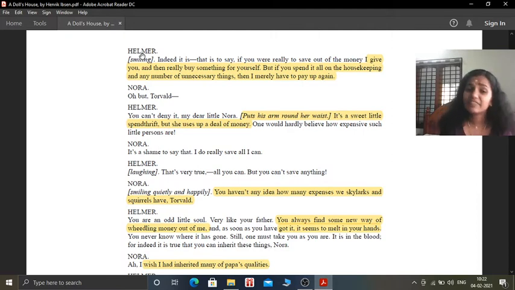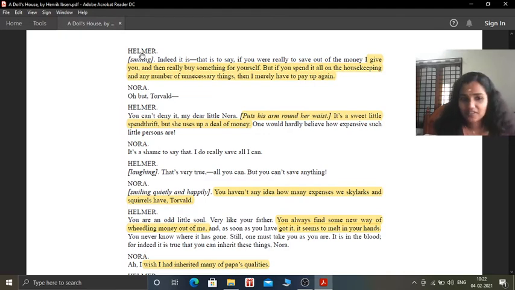That's very true. You save all you can, but you can't save anything. Okay, what you said is right. You save whatever you can, but the fact is that you can't save anything.